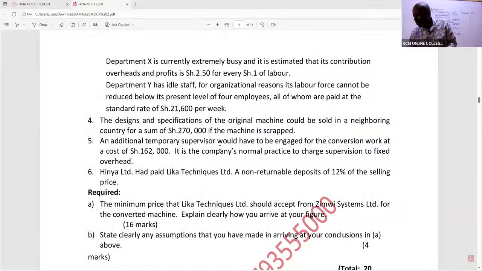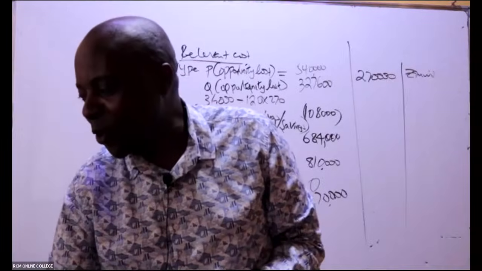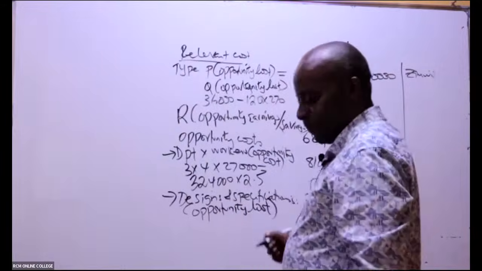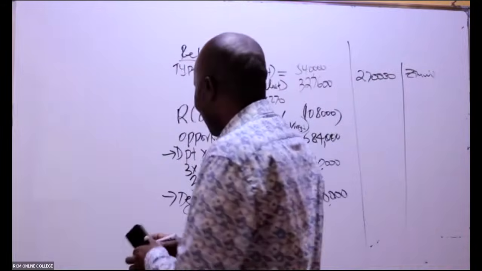And then, ladies and gentlemen, the very last one here. An additional temporary supervisor would have to be engaged for the conversion work at a cost of 162,000. So what do you think of this 162,000 temporary supervisor? Relevant or not relevant? Relevant.